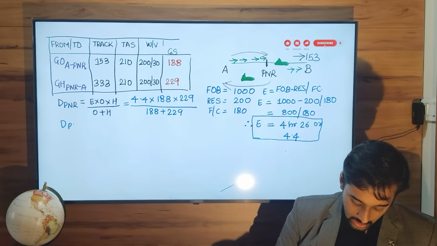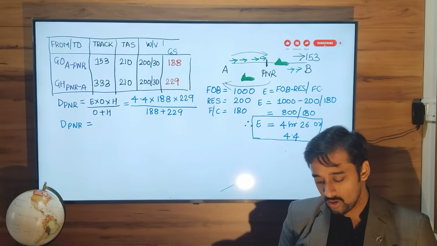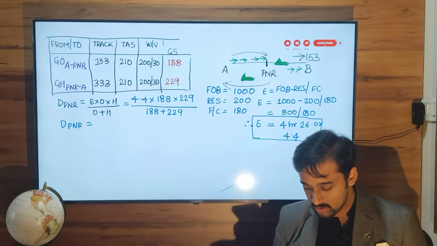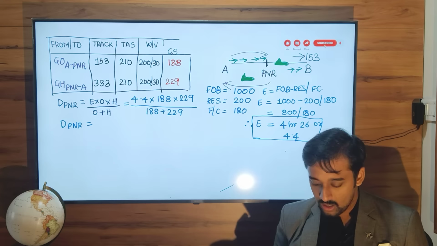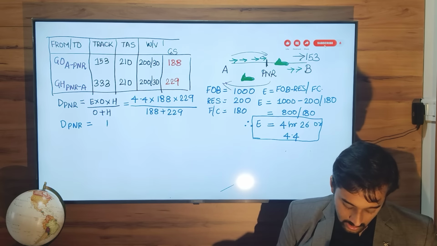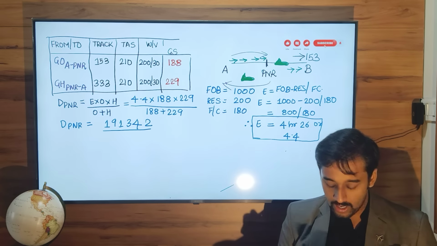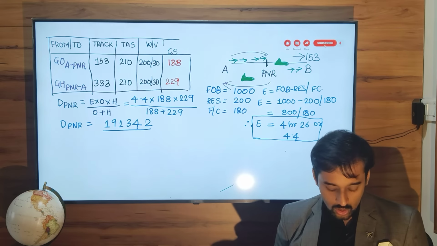So distance to PNR will be equal to 191342 divided by 188 plus 229.